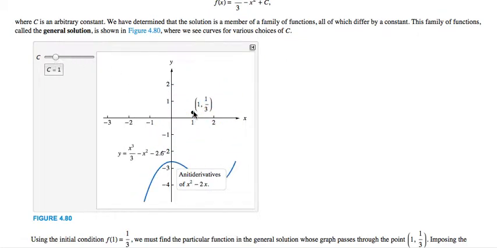However, we have that initial condition that says that the value of the function at 1 is 1/3. So though we have found an infinite number of solutions, our particular solution has to go through the point 1, 1/3.